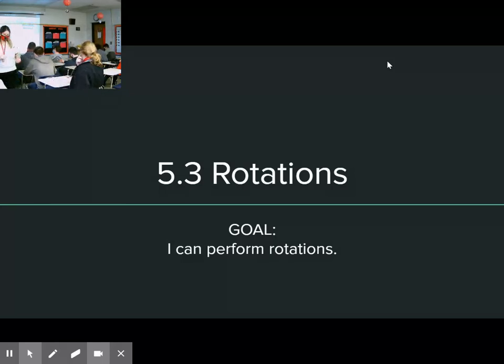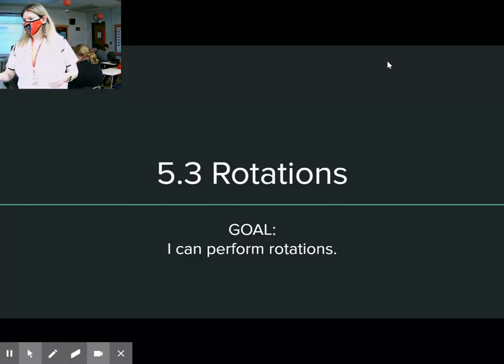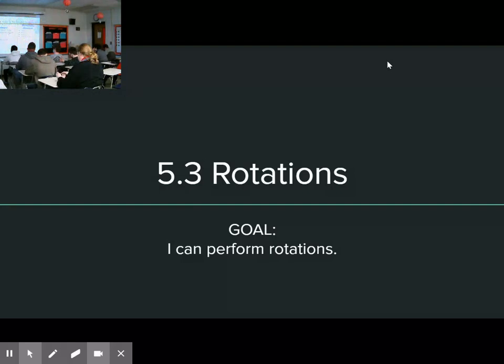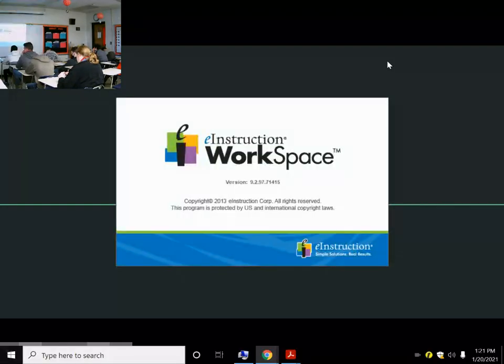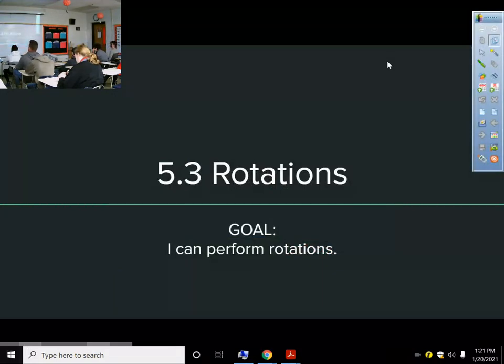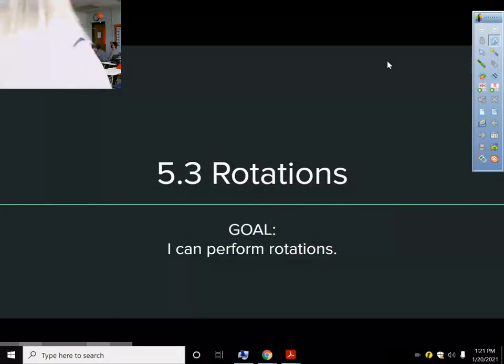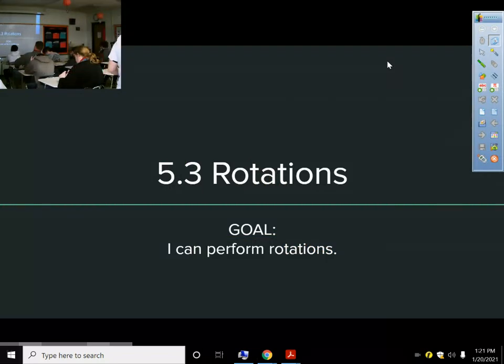We're just going to do the very basic ones. But before we start talking about rotations, first we need to talk about some key words. It says, I can perform rotations.